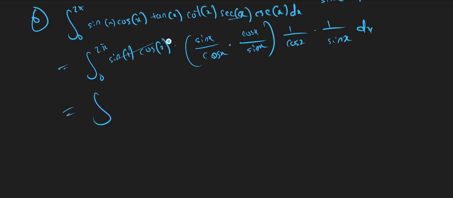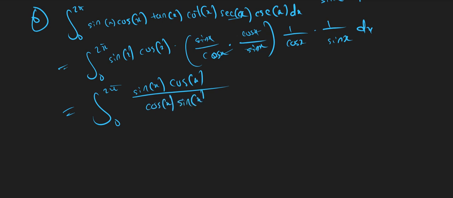Of course, these cancel out. Sine cancels sine, cosine cancels cosine. Then we have 0 to 2 pi of sine of x, cosine of x. On the bottom, you still have cosine of x, then you have sine of x dx.